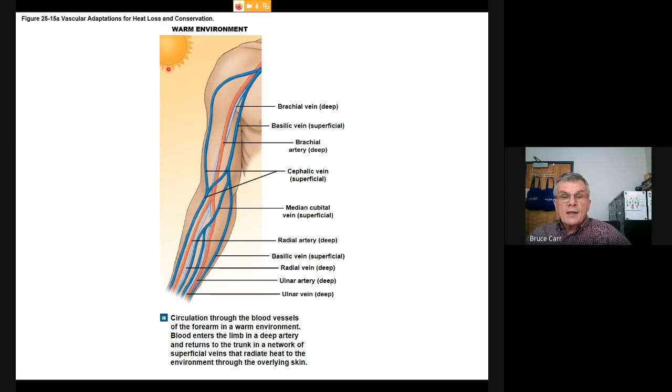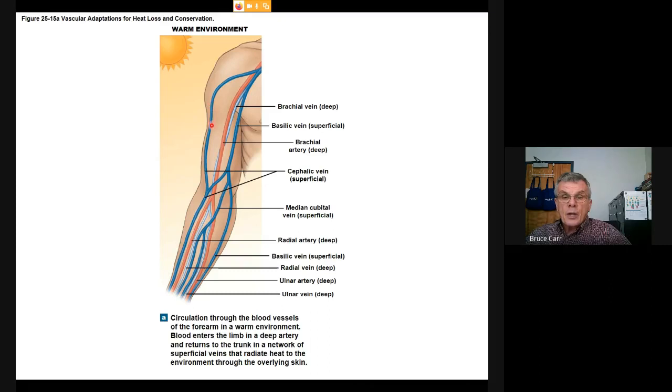So on a hot day like this, the blood comes in the artery in a core position, more toward the bone and the center of the arm, delivering blood to capillary beds up and down this appendage. In a hot environment, we would arrange the sphincter muscles on the capillary beds to divert the flow into these surface veins to return.